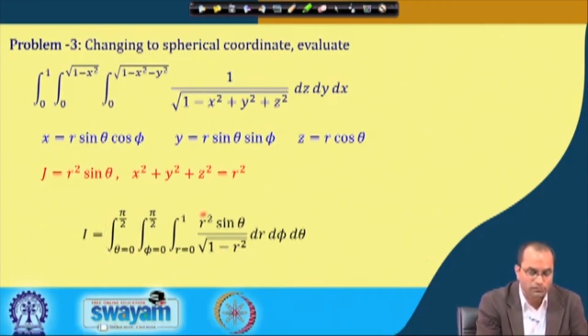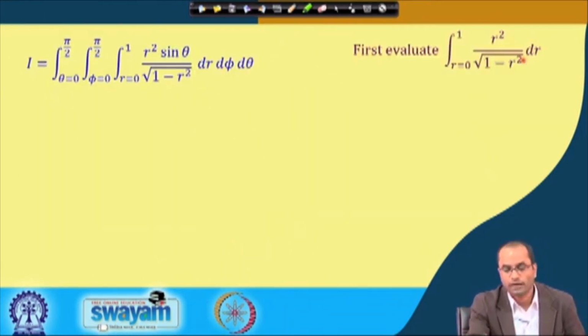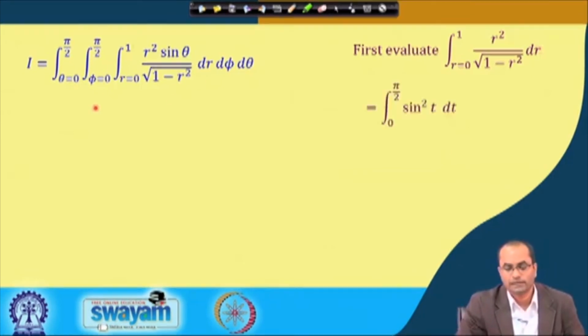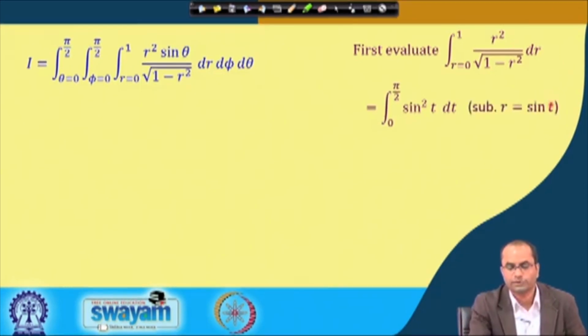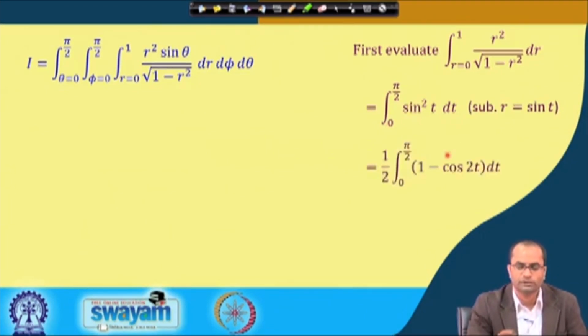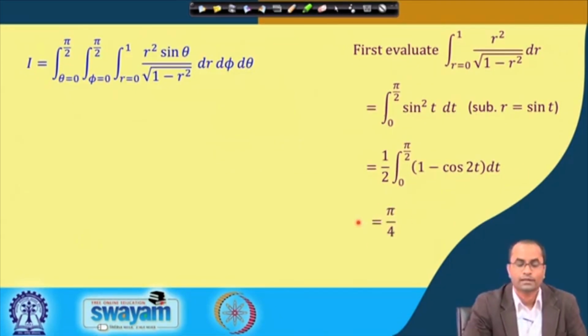With respect to r we have r square over square root of 1 minus r square. So, first we are evaluating the inner integral, r square divided by square root of 1 minus r square. Here, by the substitution r is equal to sin t, we easily get sin square t, which will be converted to 1 minus cos 2t, which we can integrate now, and the value will be pi by 4.